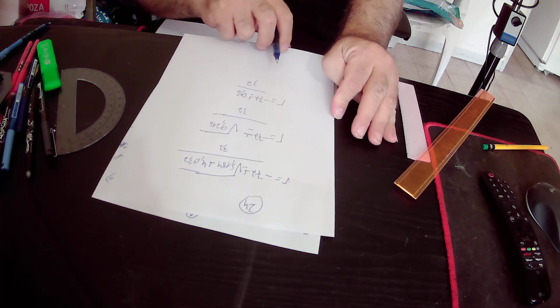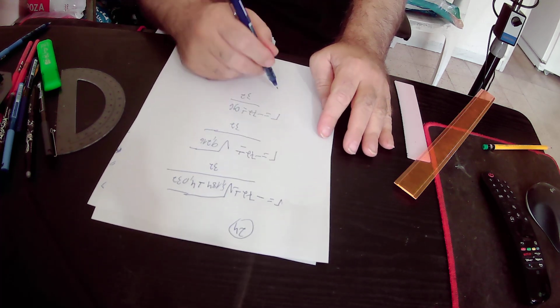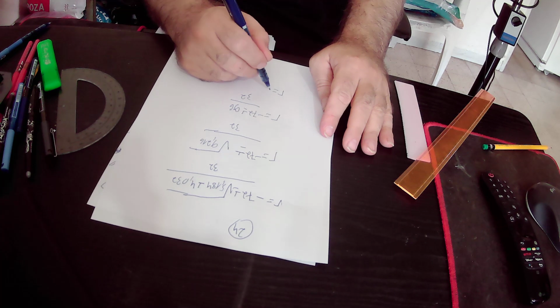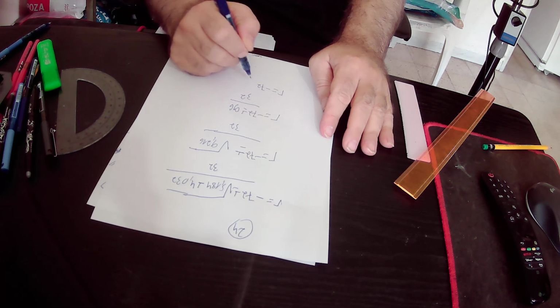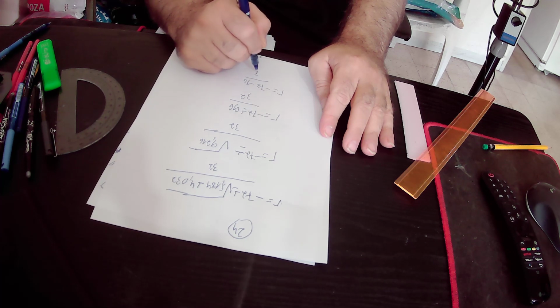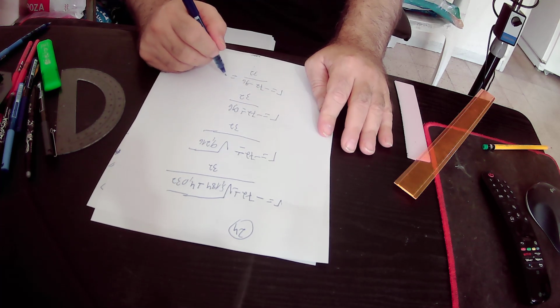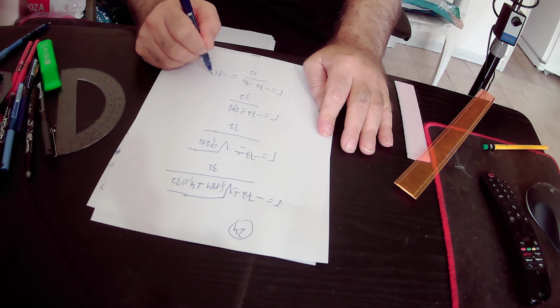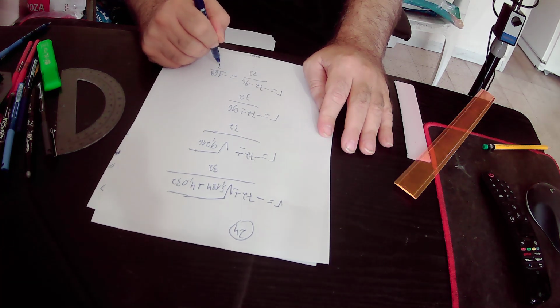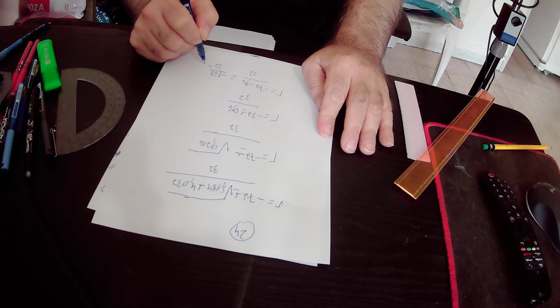So the first solution for R is R equals minus 72 minus 96 over 32. Minus 72 minus 96 is minus 168 over 32. It equals minus 5.25.